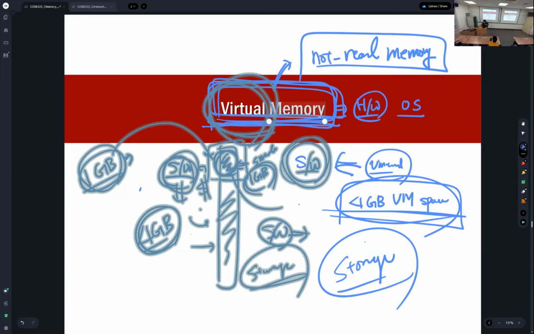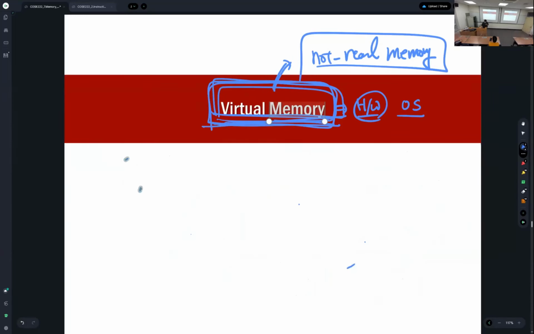Actually, the concept of virtual memory is a little bit tricky because it's not a real space; it's a fantasy world. But just try to understand why virtual memory is used in our real computer system.